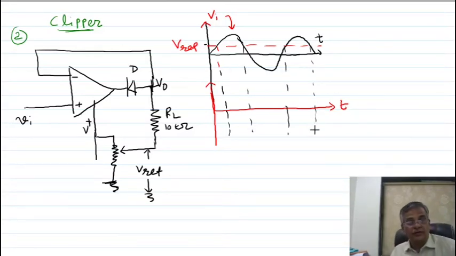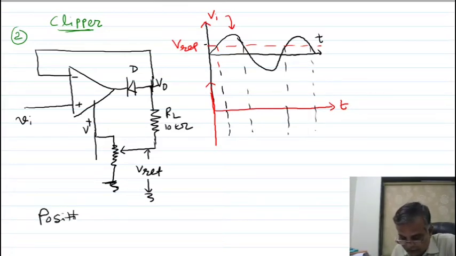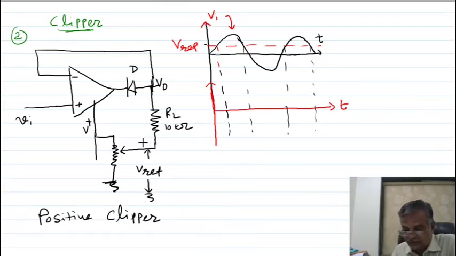This is the positive clipper circuit. When you have given a positive reference voltage, what will be the output waveform? Look here.